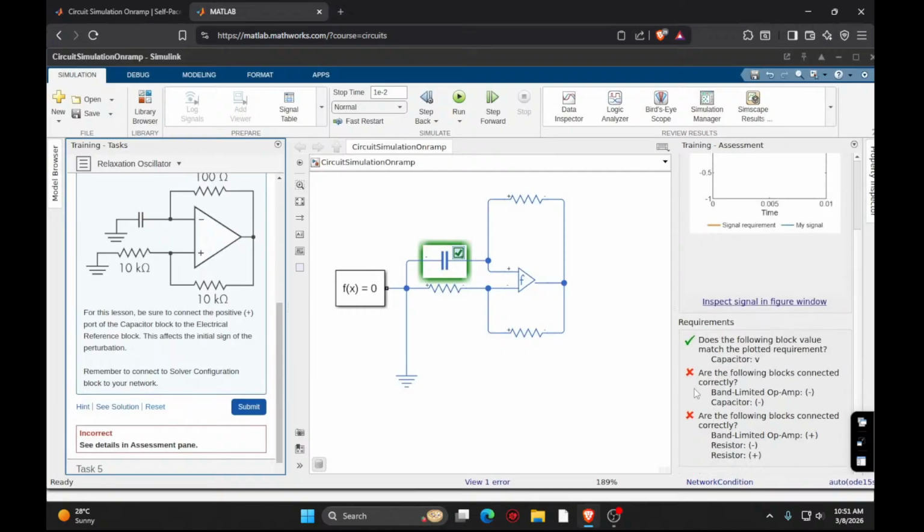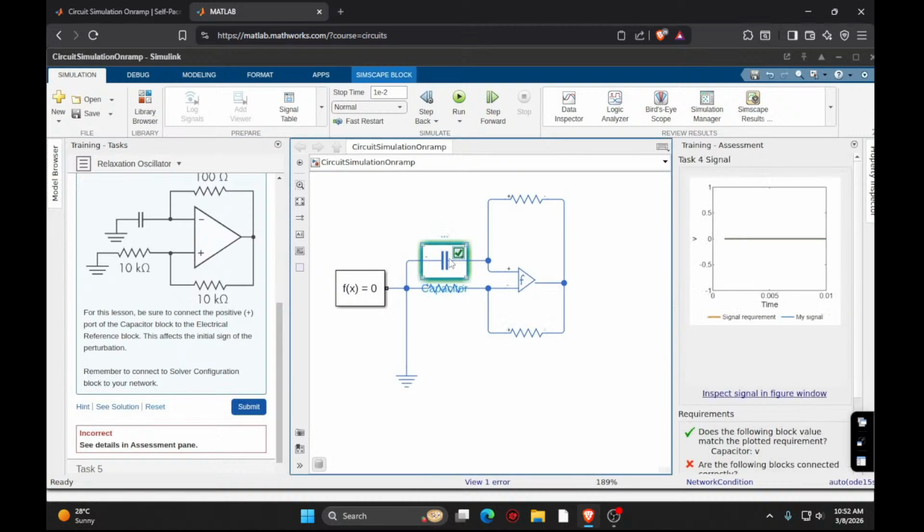After the following, connect the bandwidth minus to the capacitor minus. Okay, I have to just reverse it. Okay, so I understand what the main problem here is, that I have connected it to the non-inverting terminal.